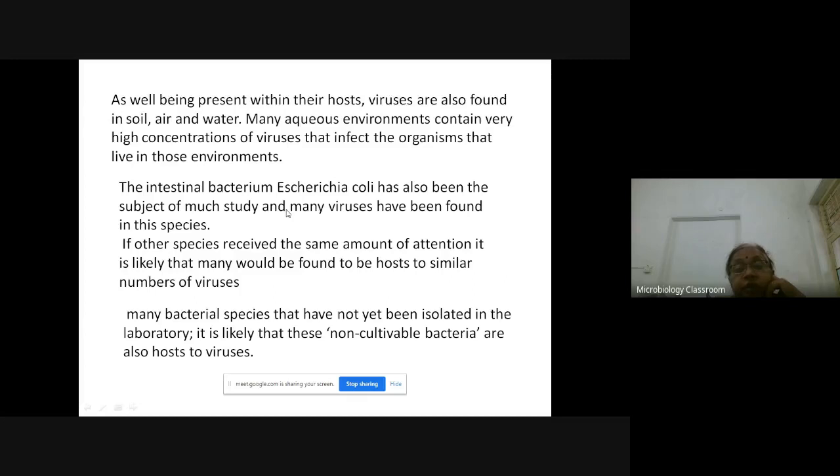For example, the intestinal bacterium Escherichia coli has been a subject of study of replication of many types of viruses, because it has been considered a standard organism in the scientific world. Therefore, all the viruses infecting Escherichia coli, specifically the coliphages as they are known, have been studied in detail.